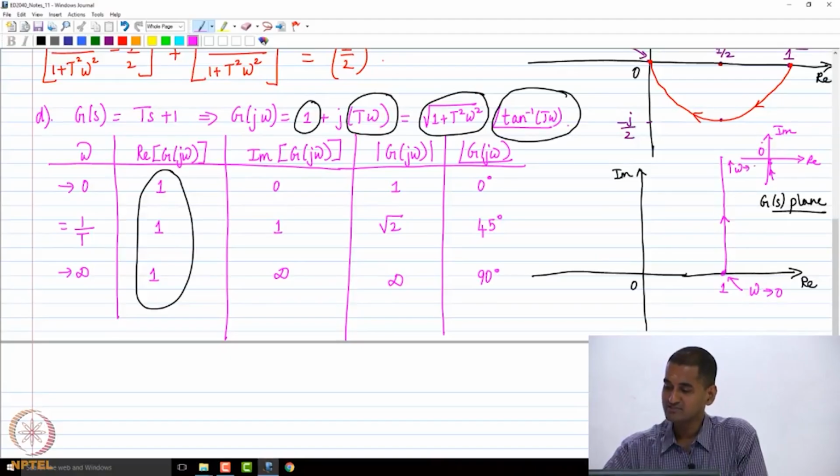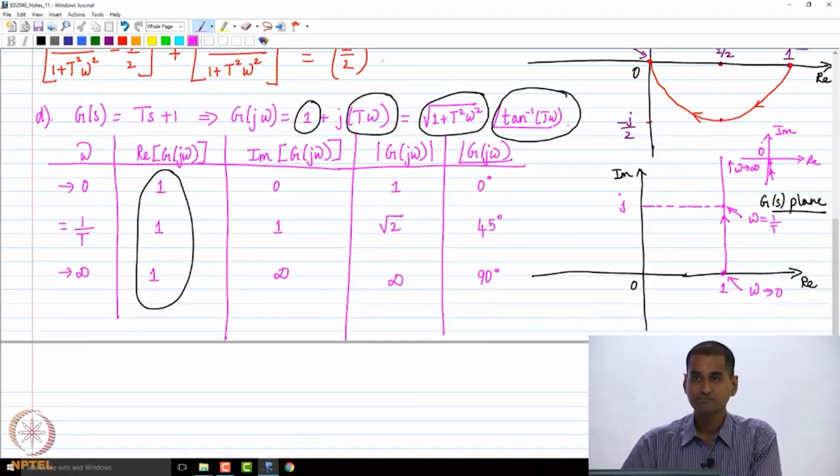This is what happens as omega tends to infinity. At omega equals 1 by t, it's going to be 1 plus j. Is this correct?